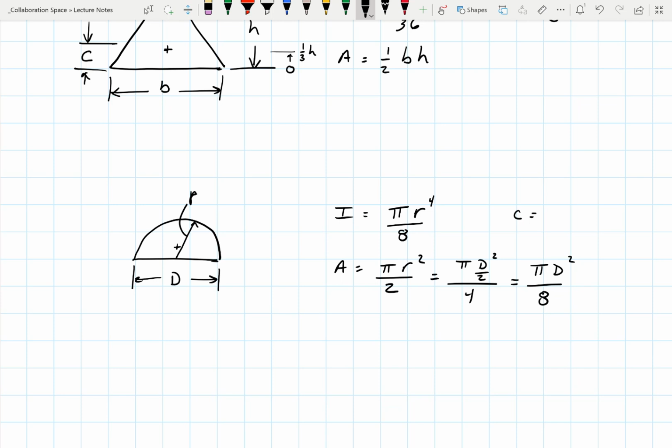Well, it's still a 4, but is it really? So R becomes D over 2, right? Yes. So what does the denominator become? Over 16.